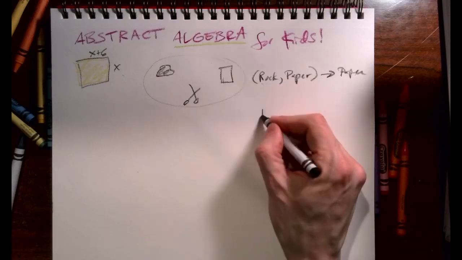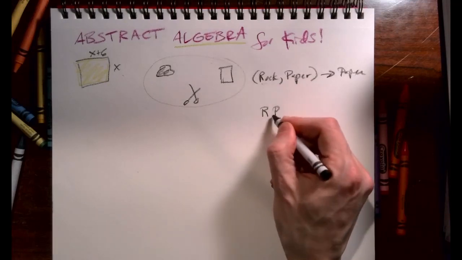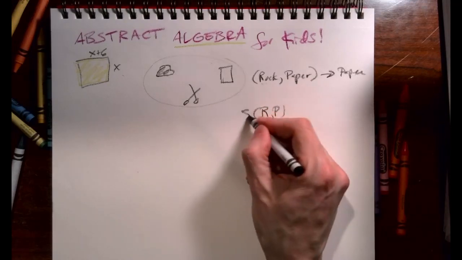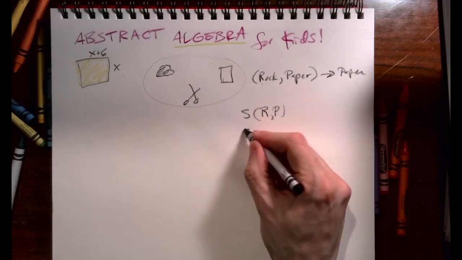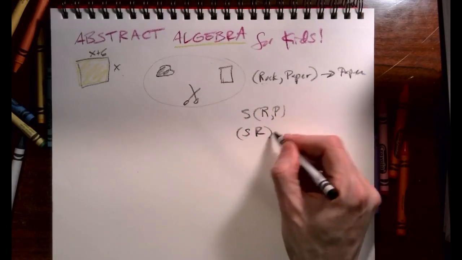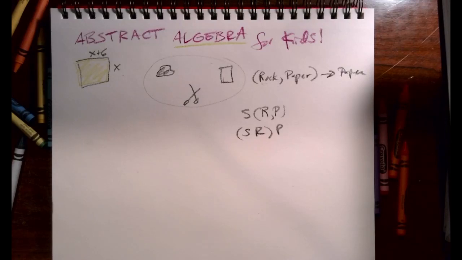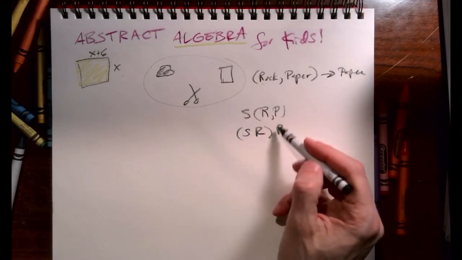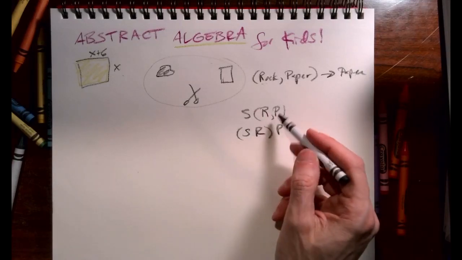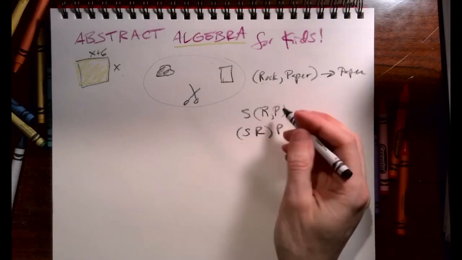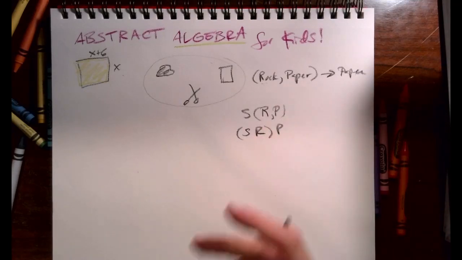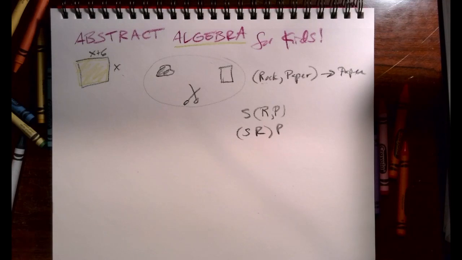So if I do rock, paper, and then I have scissors, doesn't matter if I do this first and then this. Some sets of things will obey this property and some will not, right? And in some things the order of them matters. And these are all the kinds of things you think about when you study abstract algebra.